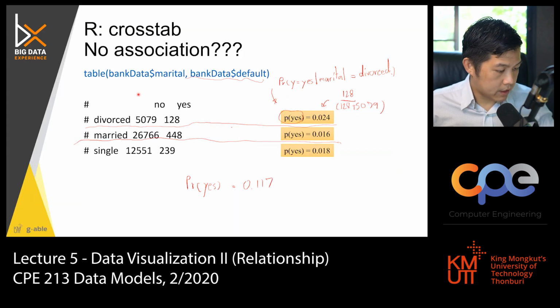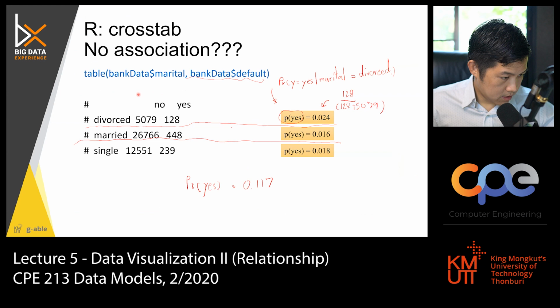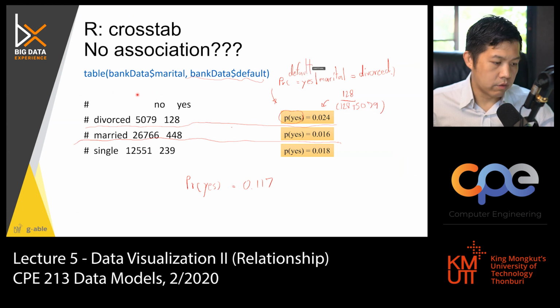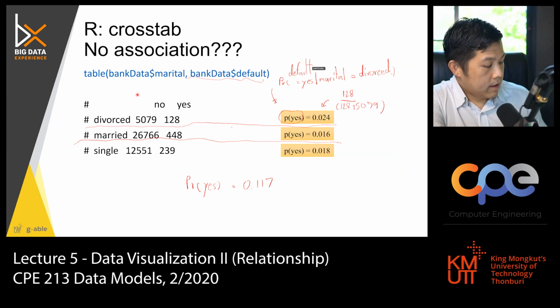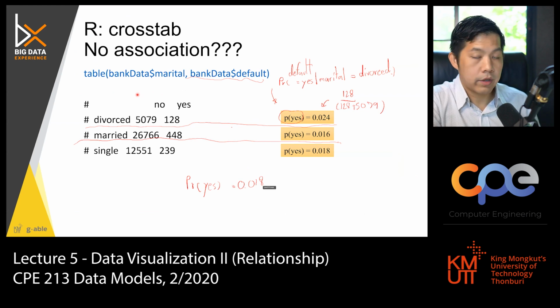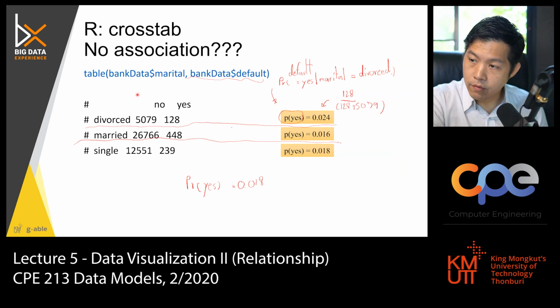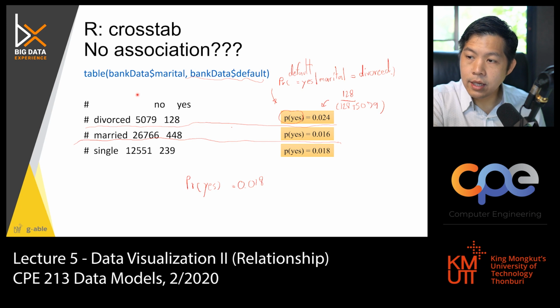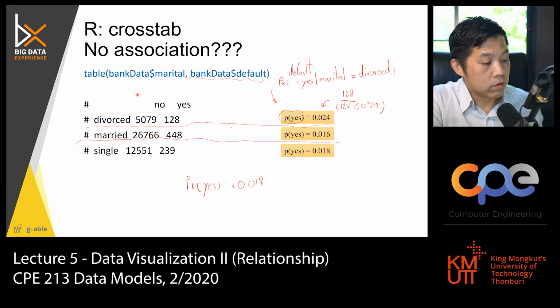I should fix this first. Not y equal yes, but default equal yes. And it's not this value. Erase it. 0.018. Okay.